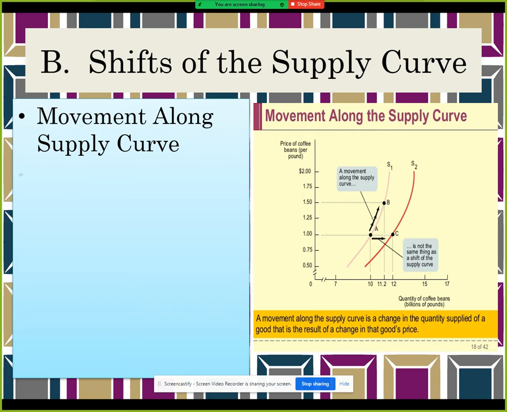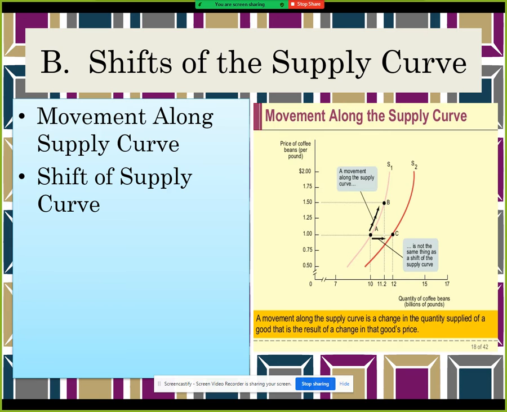But we also then need to know about shifts in the supply curve. All right? So what we just looked at was movement along it because the price changed. So movement along the supply curve is just a change in quantity supplied, not supply. But if the supply curve shifts, then that's a change in supply itself.